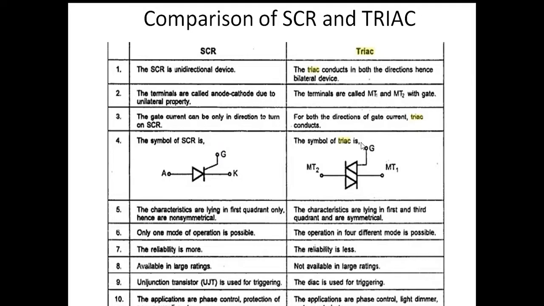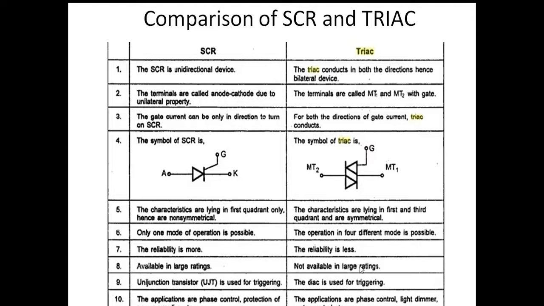SCR will be represented like this. Triac will be represented like this. In SCR, reliability is more; in triac, reliability is less. Here the characteristics will be only in the first quadrant, and here in both the quadrants. In SCR the ratings are large. In triac, the available ratings are very low compared to SCR.